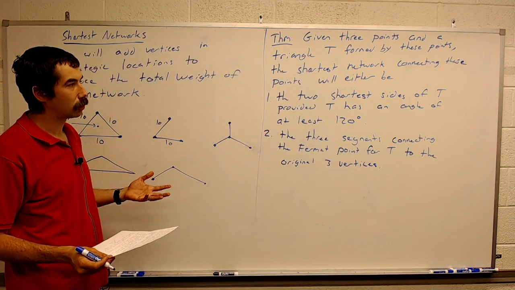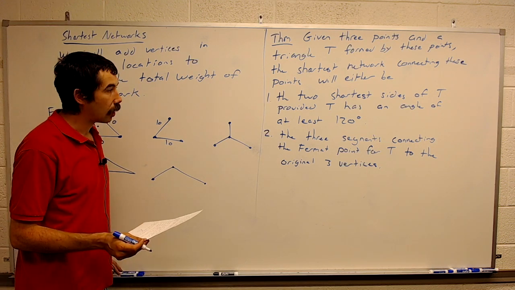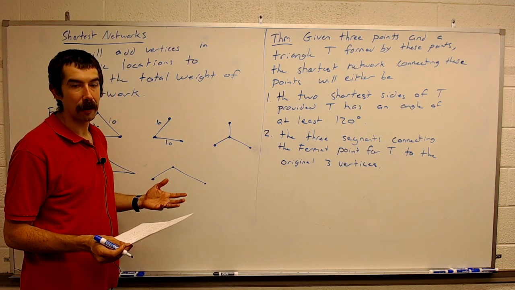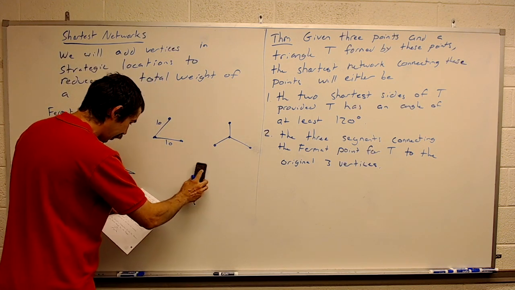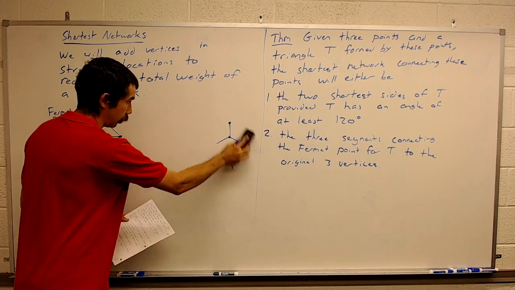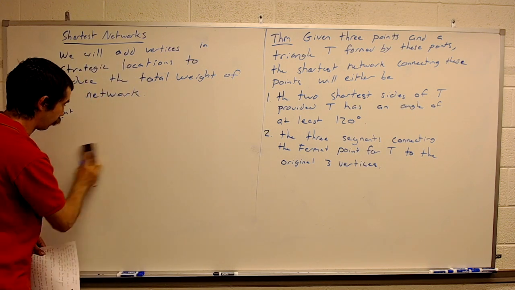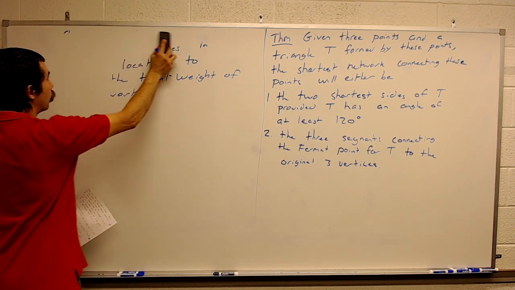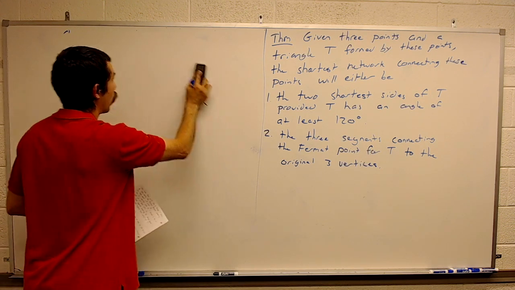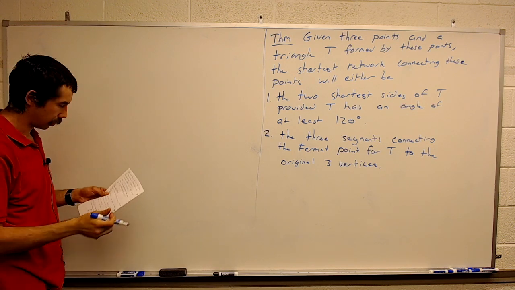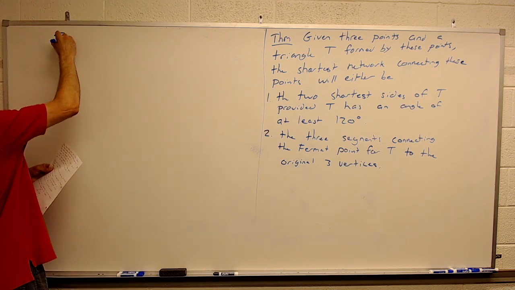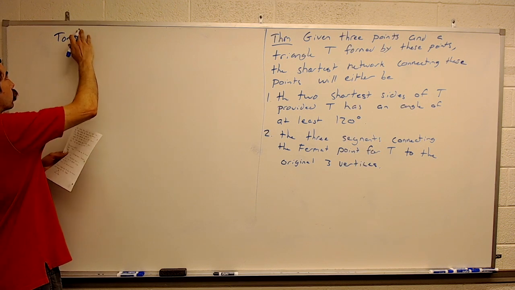Okay, so let me now show you how to find a Fermat point. What we're going to walk through now is called Torricelli's construction. Instead of writing out the steps, I think it's best to just show you how to do it. So this is Torricelli.